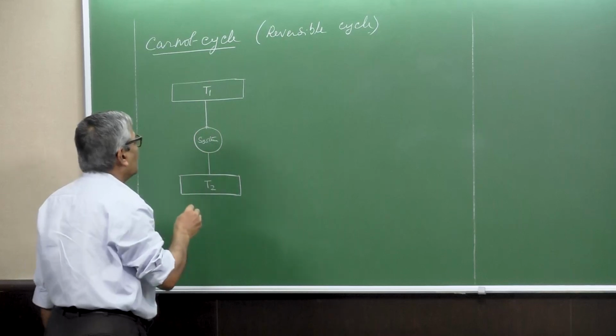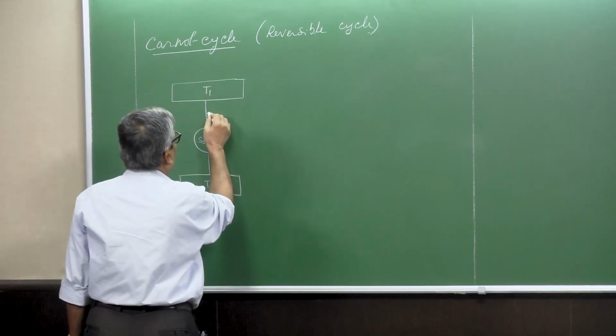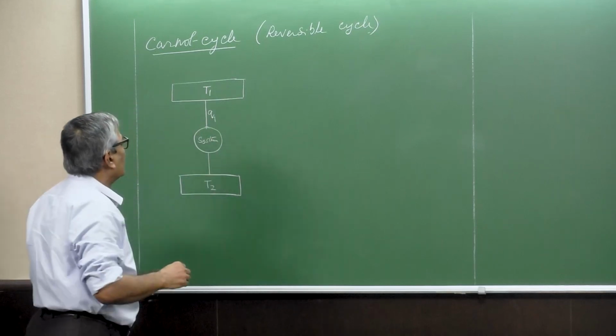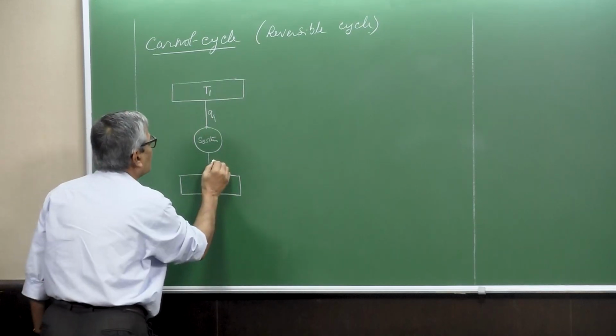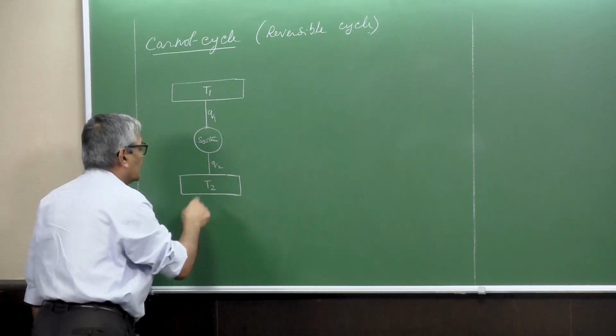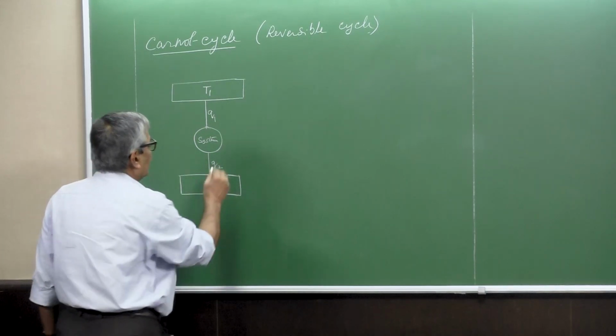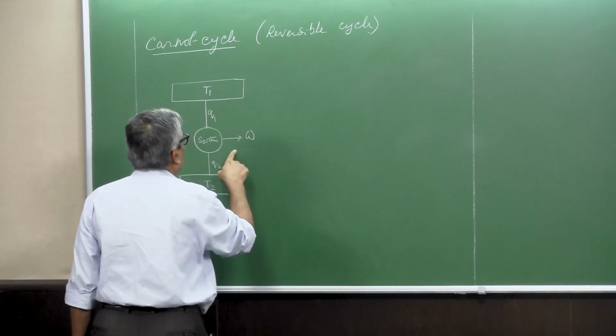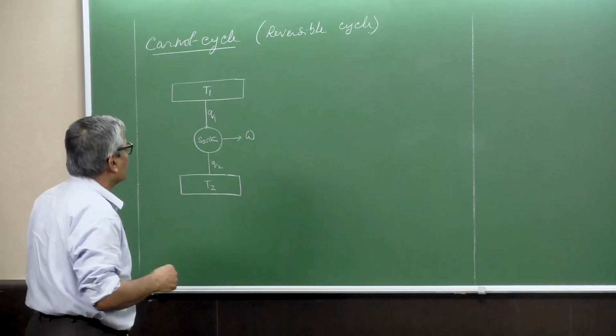The system has a working medium and it draws Q1 amount of heat from the reservoir T1 and puts Q2 in the T2 reservoir, and we get W amount of work from the system.